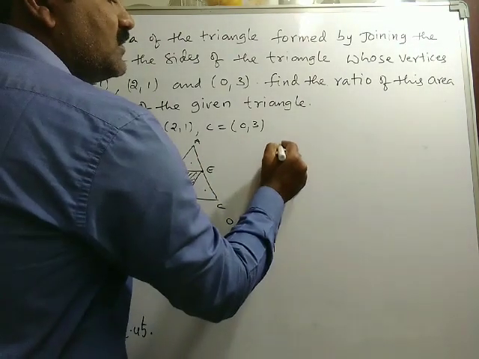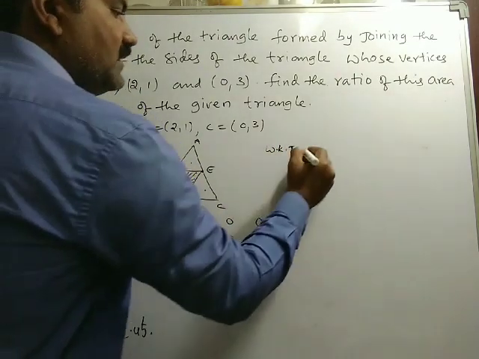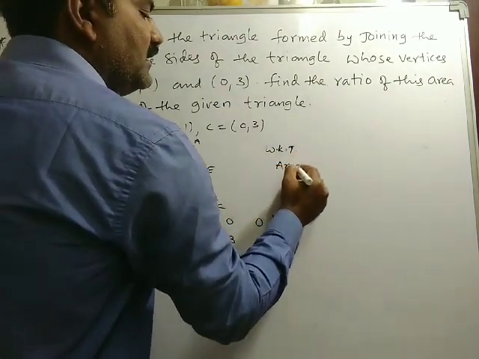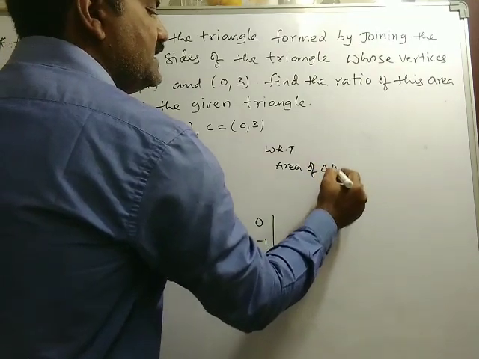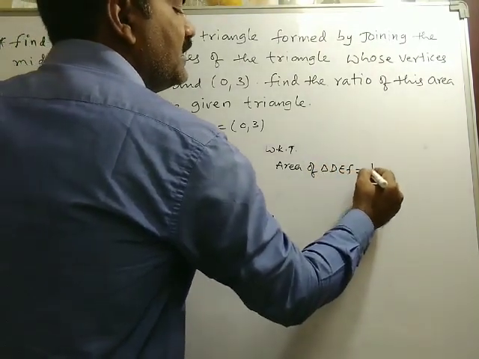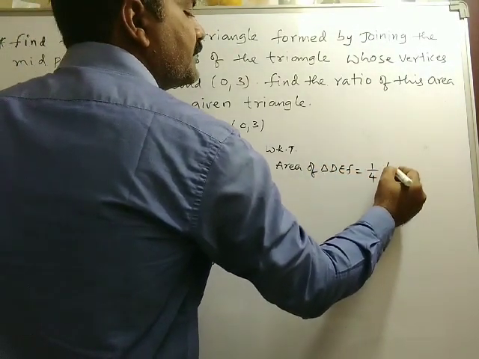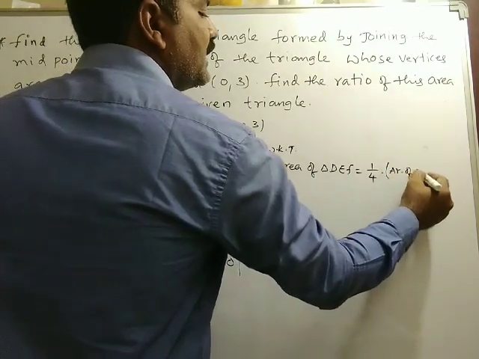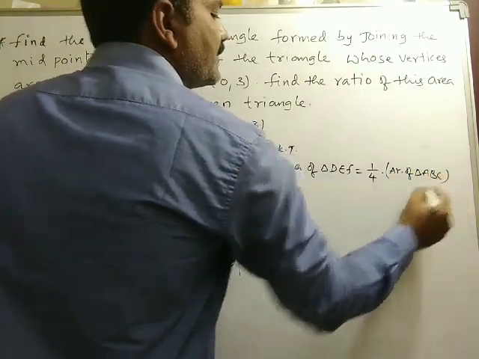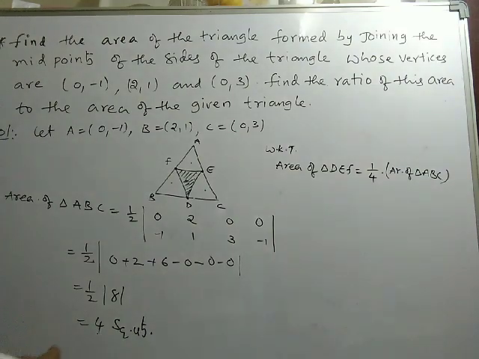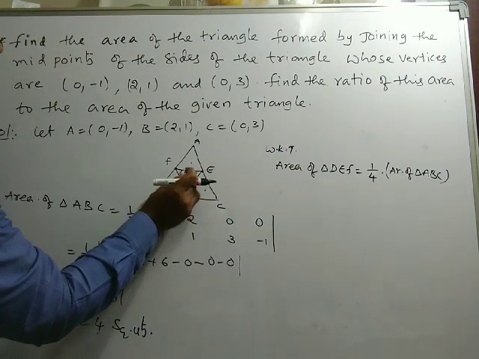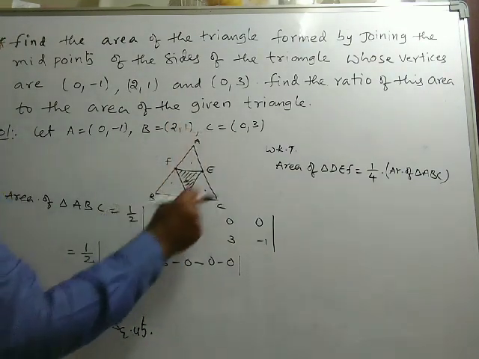Otherwise we can also write that we know the area of triangle DEF will be 1/4 of the area of triangle ABC. So this area is nothing but 1/4 of the entire one.